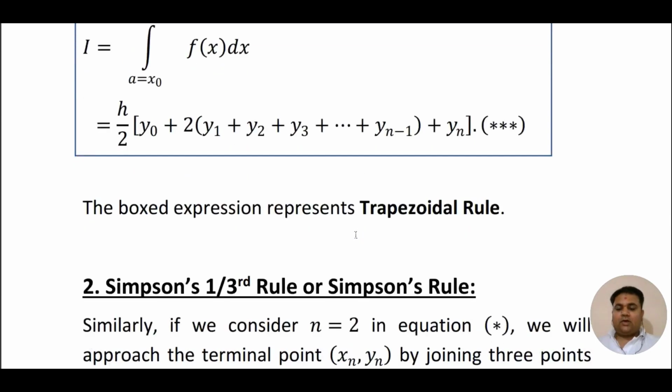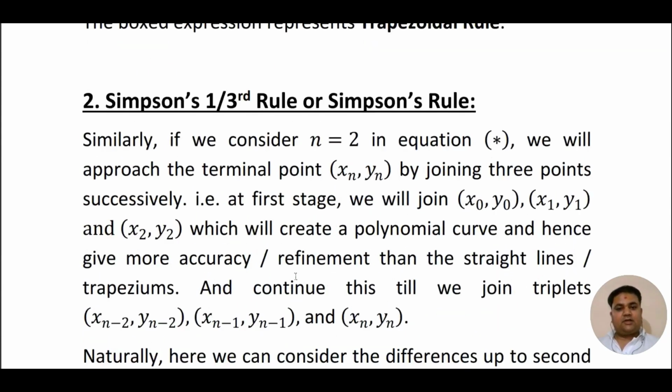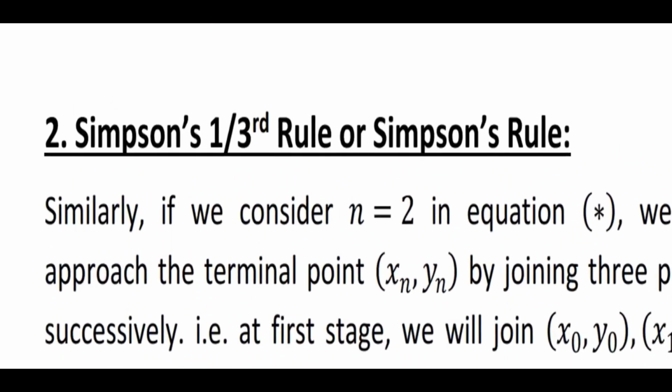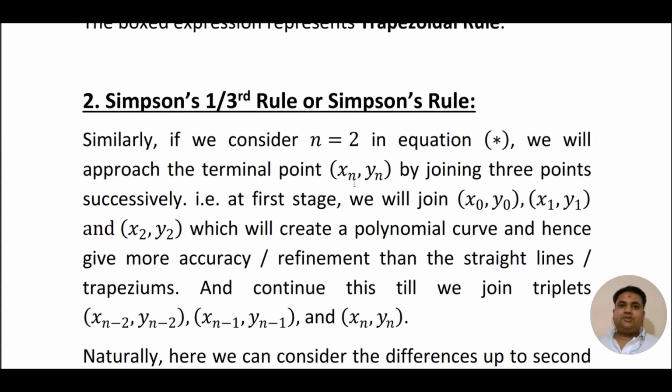Fine. What about the next rule, that is Simpson's rule or Simpson's 1/3 rule? If you consider n is equal to 2 instead of n is equal to 1 in the Newton-Cotes quadrature formula, then you need to consider 3 points: x0 y0, x1 y1 and x2 y2.